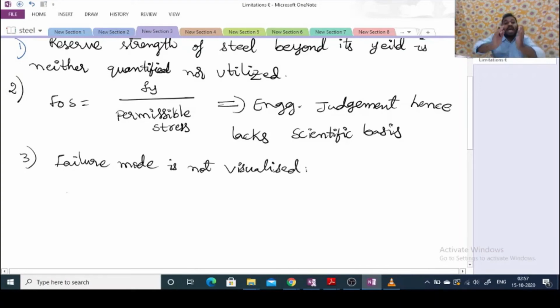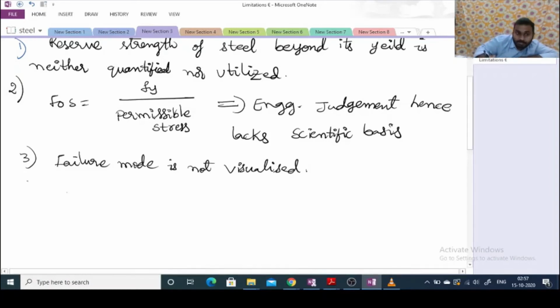It means as we make use of working stress in this method, which is much less than yield stress, we don't know exactly when the failure will occur and how it will take place. Therefore, failure mode is not visualized. Always keep one thing in mind: by knowing failure only, we can go for design, right? But here failure mode is not visualized clearly.